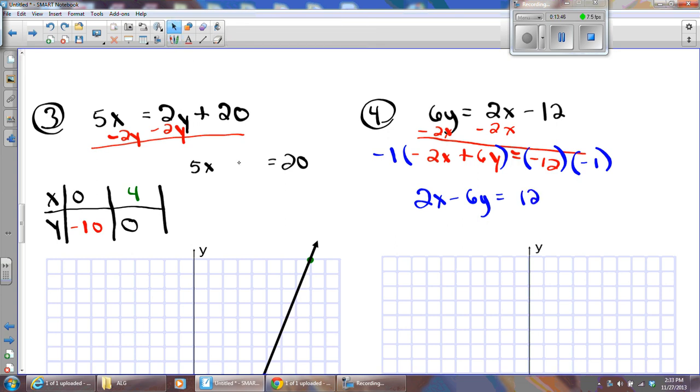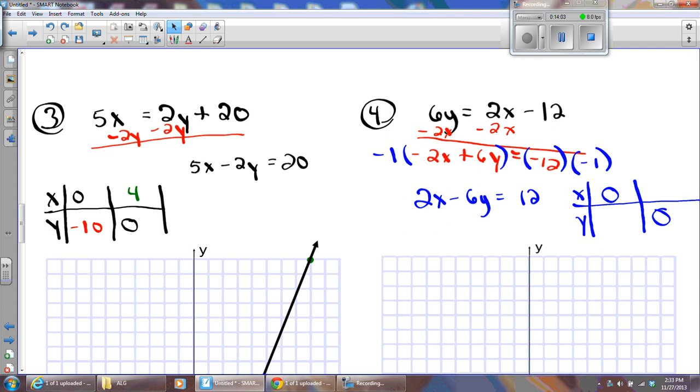All right, now, again, to use my input-output table idea, I need x and y. X will be 0, y will be 0.